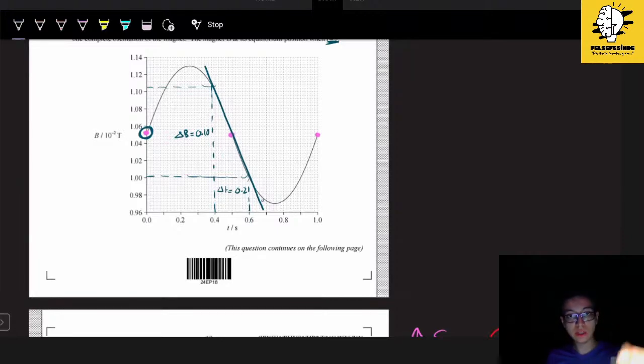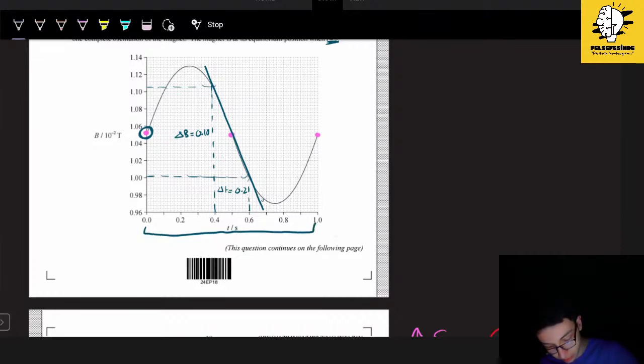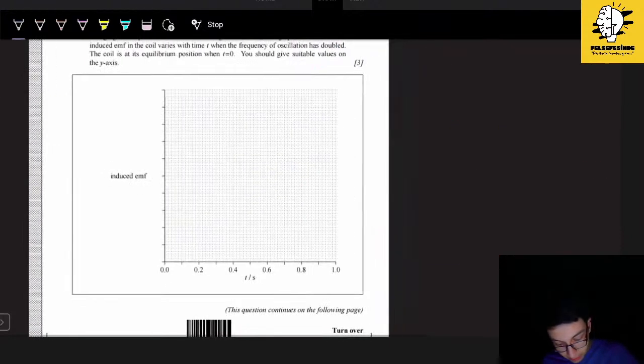If the frequency is doubled, period will be halved, right? What was the period here? 1 second. Our frequency is doubled, so this means that period should decrease. We will do exactly the same thing. This time it will not be 1 second period. It will be 0.5.